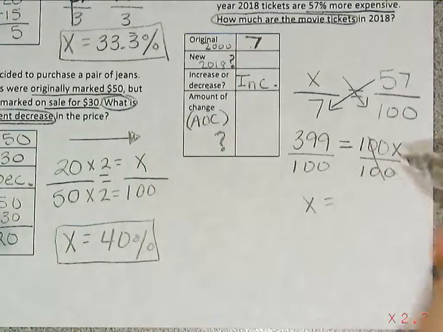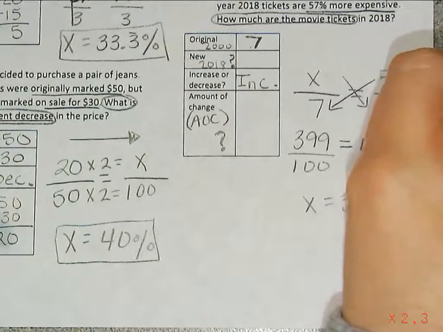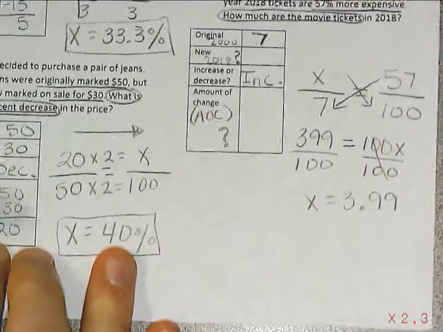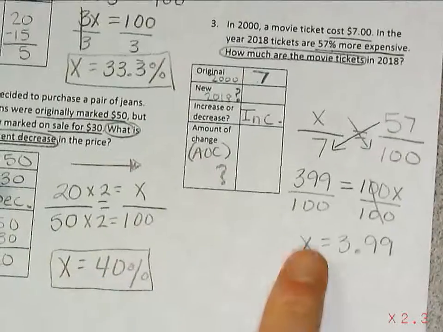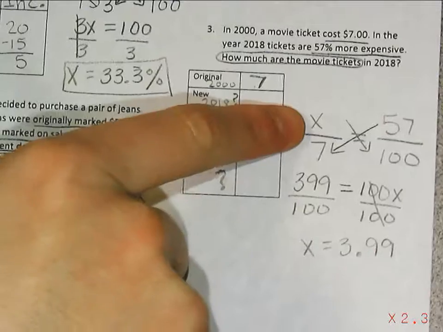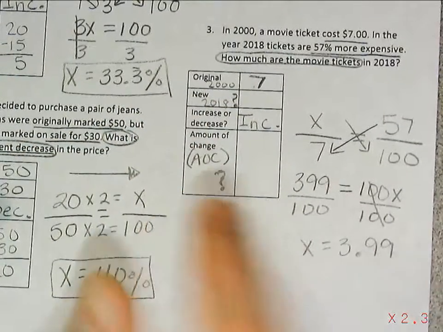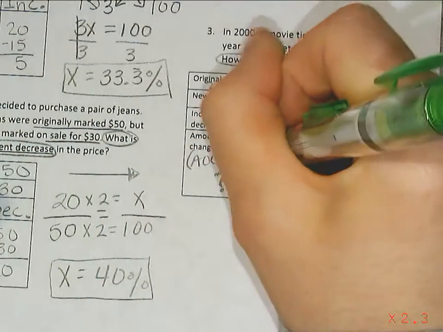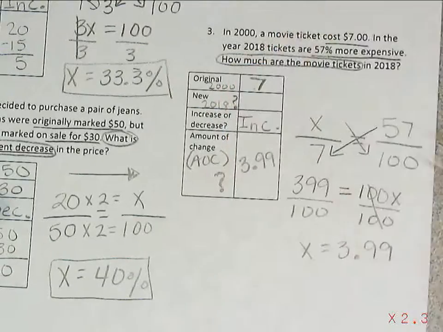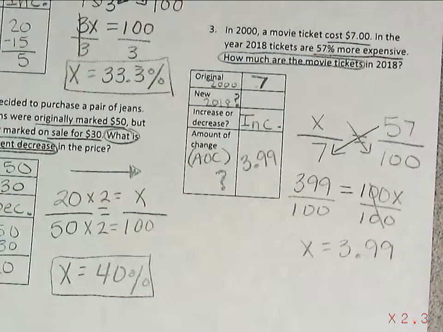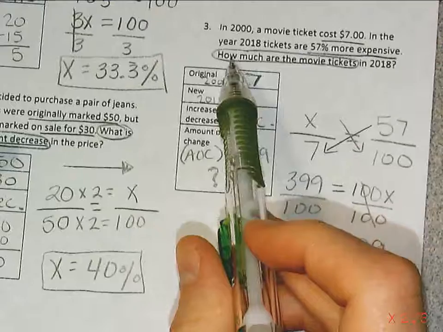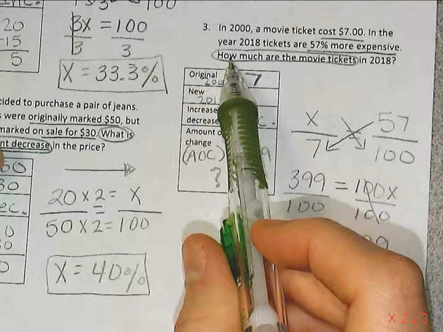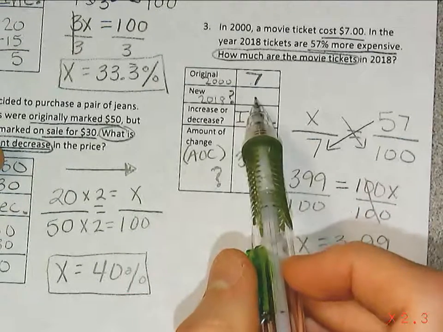And that'll give us 3.99. Okay, so this represents x, which x represented my amount of change. So now I know my amount of change is $3.99.